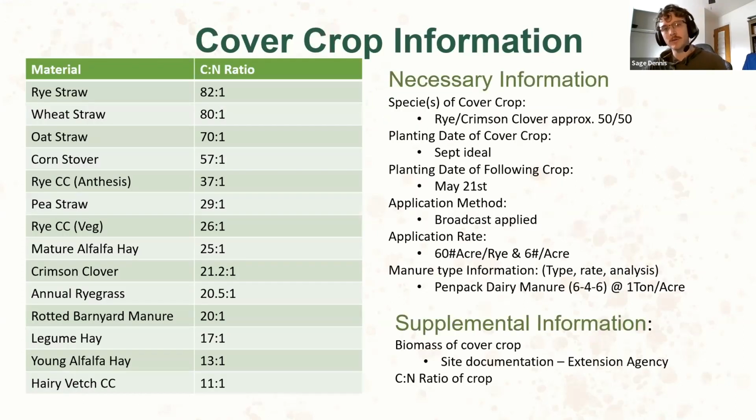But I want to talk a little bit more, because I've mentioned cover crops and carbon to nitrogen ratio several times. I wanted to just really quickly give you a breakdown of what that may look like here. There is, on the left side, a list that categorizes the C to N ratio of your cover crops here. And I want everyone to have a particular carbon to nitrogen ratio in mind, and that is 24:1.